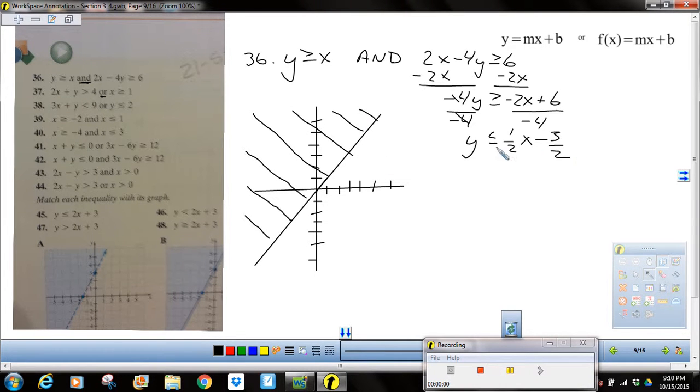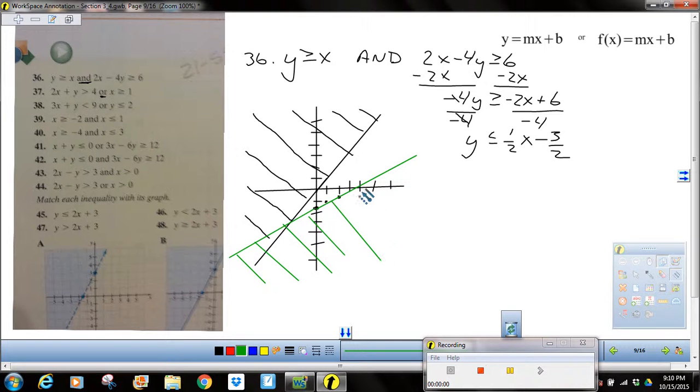Okay, on the next one, the y-intercept is -3/2, which would be -1.5. The slope is 1/2, so when you move over 1, it's going to go up 1/2. We could exaggerate it also and go up 1 over 2. That has the equal to part. I'll draw the line. And it says y is less than, it's on the smaller part, so it is this part going this way.